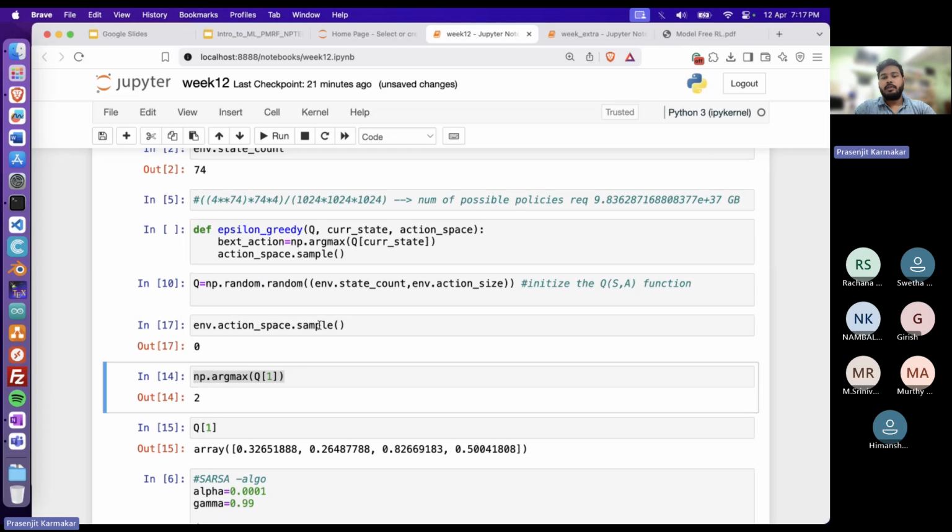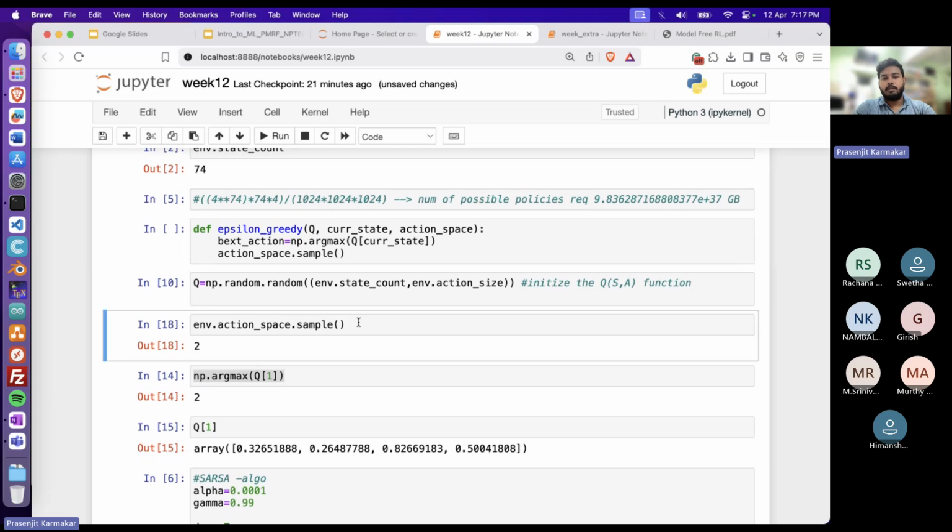If I do multiple samples, it gives me random actions from that sample space. So I will use that same feature. This is the random action.